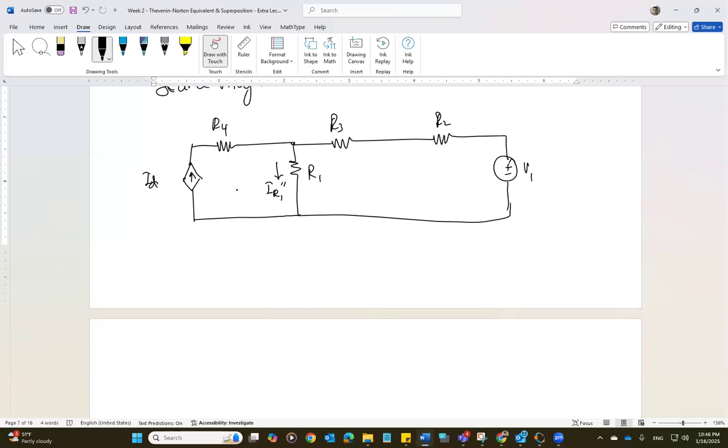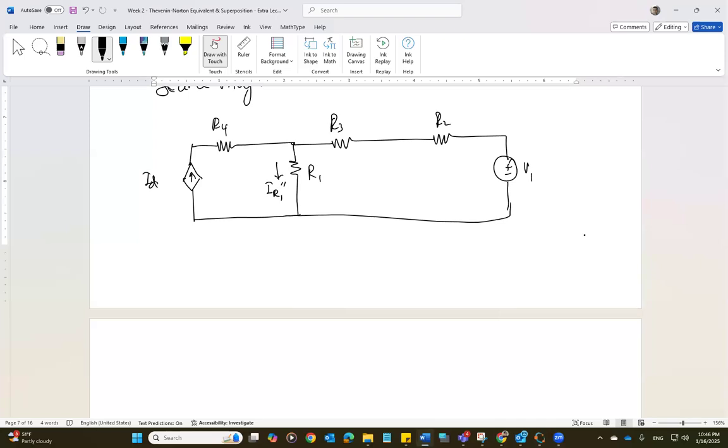Once again, the current in this loop is going to be ID, and the current here we can easily find using mesh analysis. IR1 double prime is going to be either the sum of the two loop currents or the difference between them, based on the direction. The other thing we can do is apply nodal analysis, find the node voltage and then find the current.